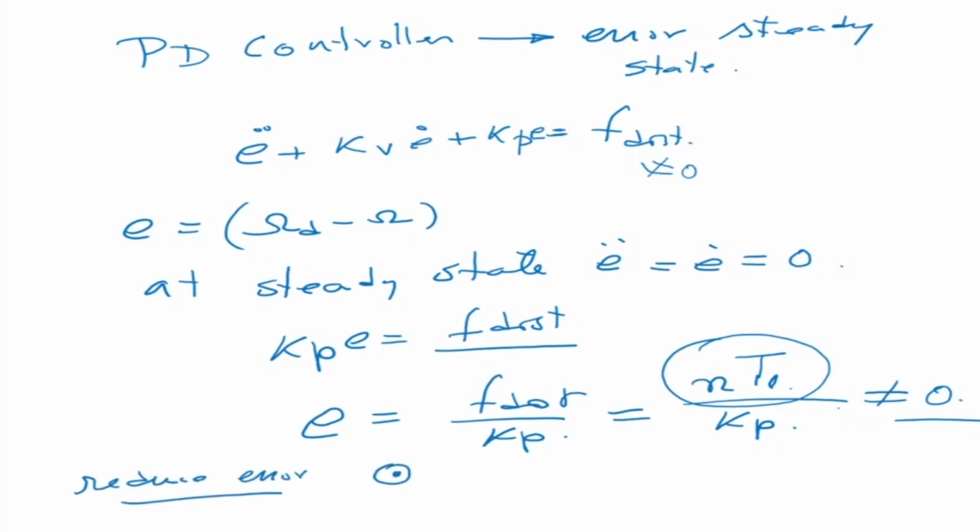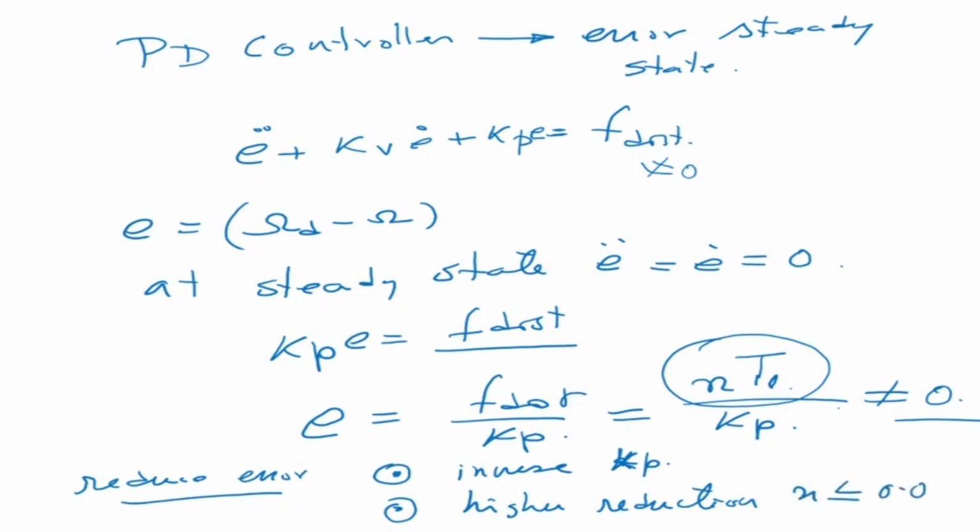The first thing we can do is to increase Kp. If I increase Kp, you can see the error will decrease. And number 2, we can use a higher reduction. Using a higher reduction means N is much less than 0.01. How much smaller you can make it, that means you have a higher gear reduction.